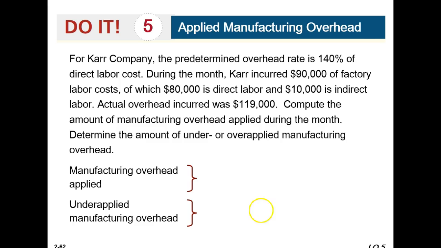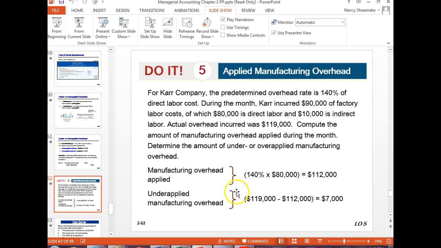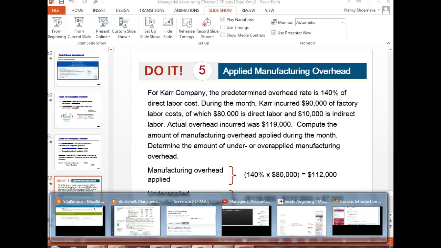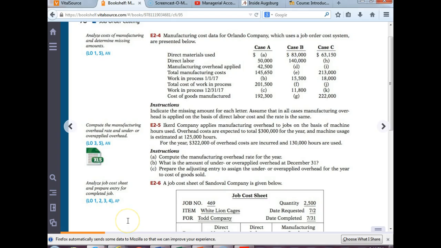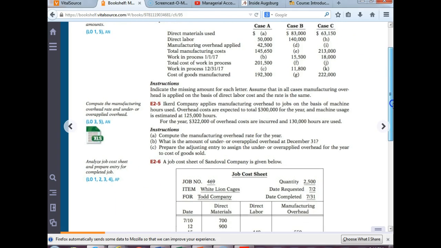So let's go back to exercise 2.5, and we're going to go over this. 2.5. Eichert Company applies manufacturing overhead to jobs on the basis of machine hours.